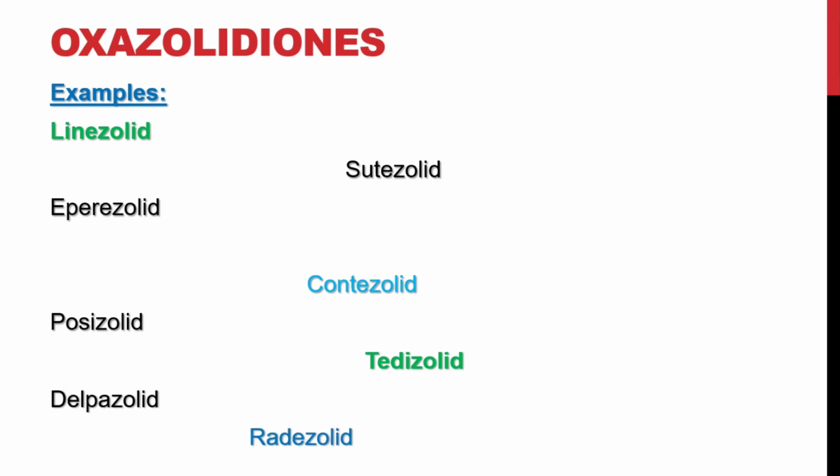So these are the examples of oxazolidinones. In this, linezolid is very important because linezolid is used in the present scenario. Along with linezolid, tedizolid is also used. The remaining drugs are under investigation and under development. Anyways, we'll see about these drugs briefly.